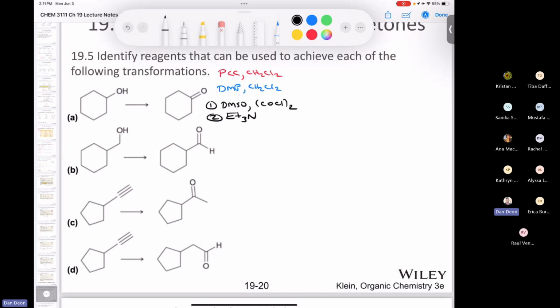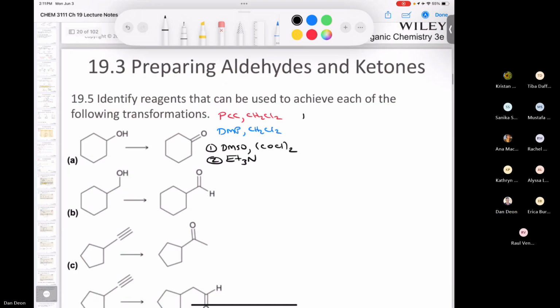I would even say, of course, you can use the Jones reagent. So I would say you could use sodium dichromate, sulfuric acid, and water. That will work, but that's doing a strong oxidation in acid. You can also do it in base if you use potassium permanganate.